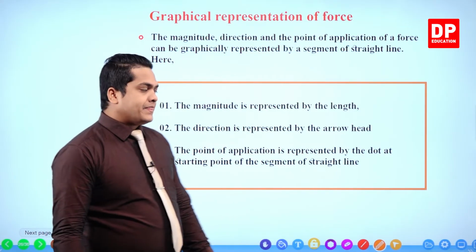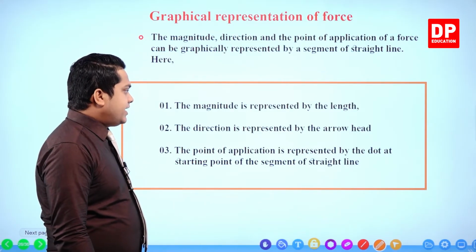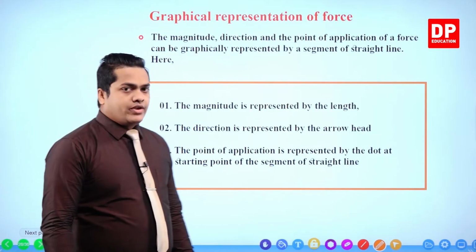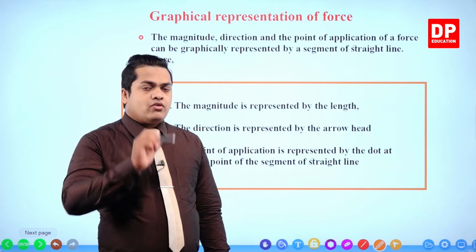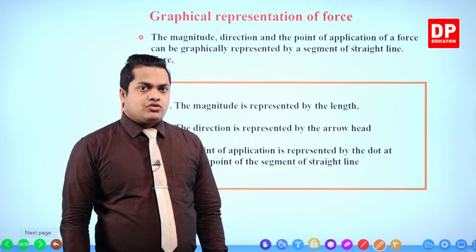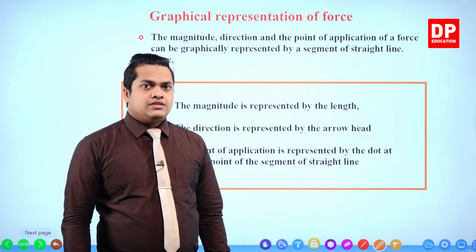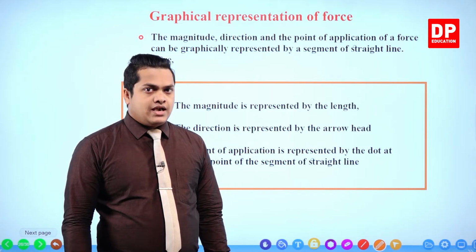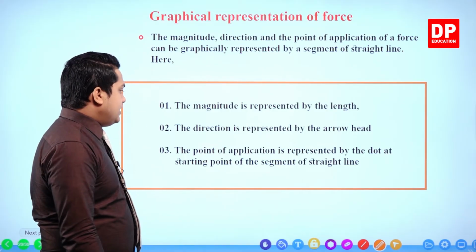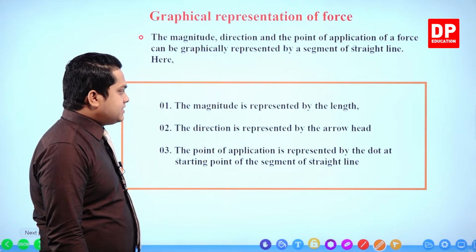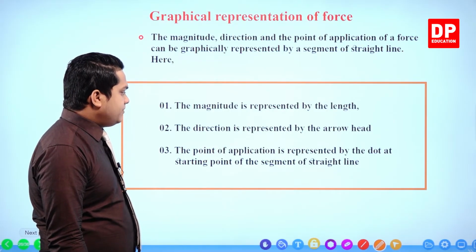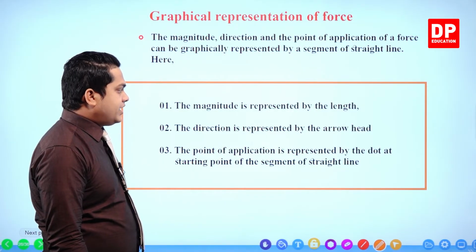Really simple. Then the second case, the direction is represented by the arrowhead. You use an arrowhead to represent the direction of the force. Then the point of application is represented by the dot at the starting point of the straight line segment.